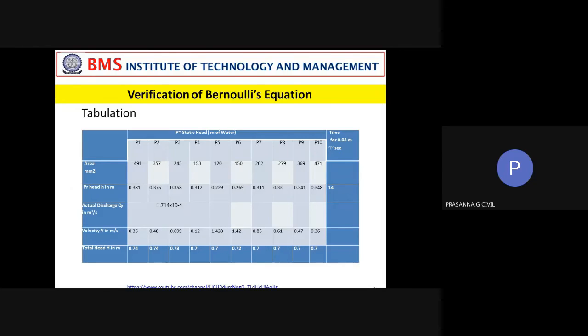Velocity is computed for each of these points, and the total head is recorded from points P1 to P10. It can be seen that the total head at each of those points 1 to 10 are relatively constant, which proves the Bernoulli's equation that total pressure head in a pipe flow is constant at any point.